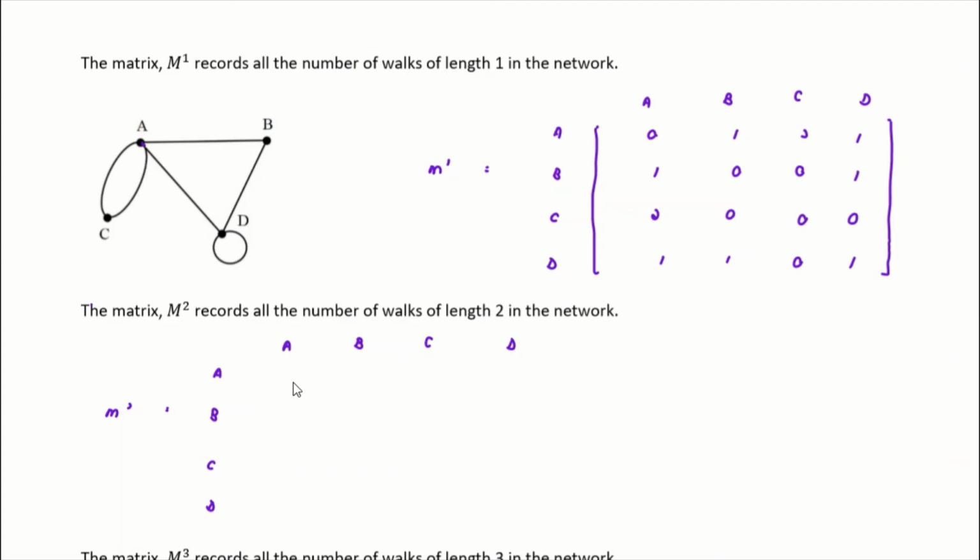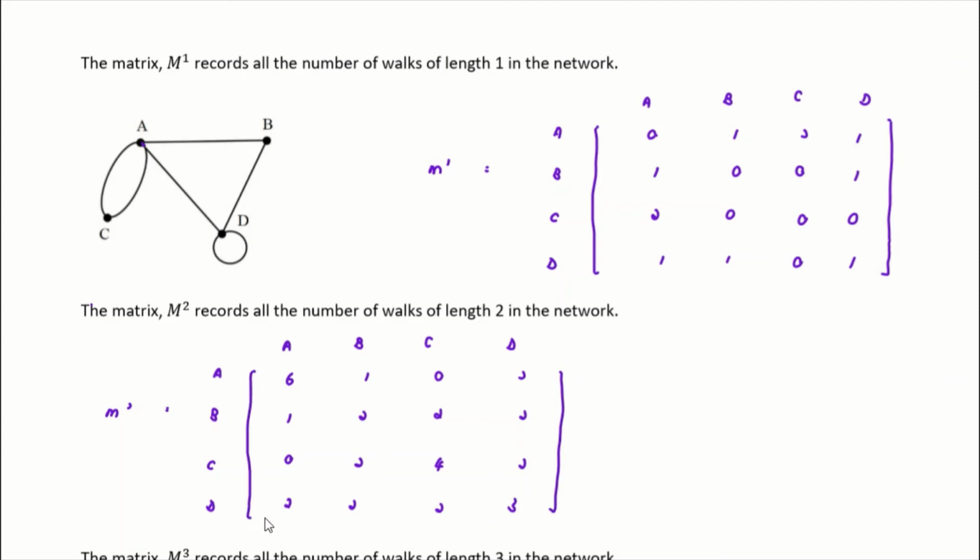So we can write down the answer just now: 6, 1, 0, 2, 1, 2, 2, 2, 0, 2, 4, 2, and then 2, 2, 2, 4. Okay, so here comes the so-called cool thing.